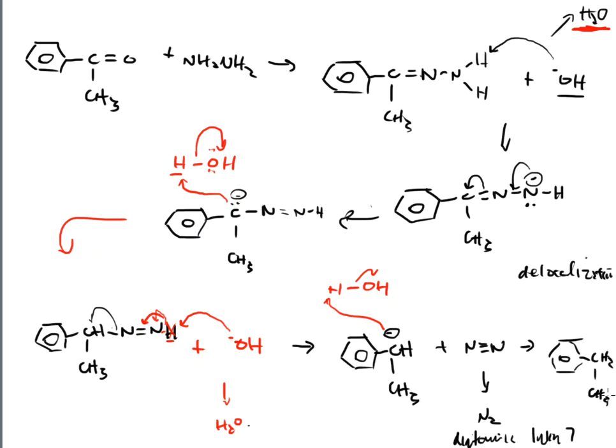The ketone reacts with hydrazine to form a hydrazone. That's the proper term for that. The hydroxide comes in and it removes a proton from the amine source, and the negative charge begins to delocalize onto the carbon, and then it will go through and repeat this process all over again with another round of water and OH.